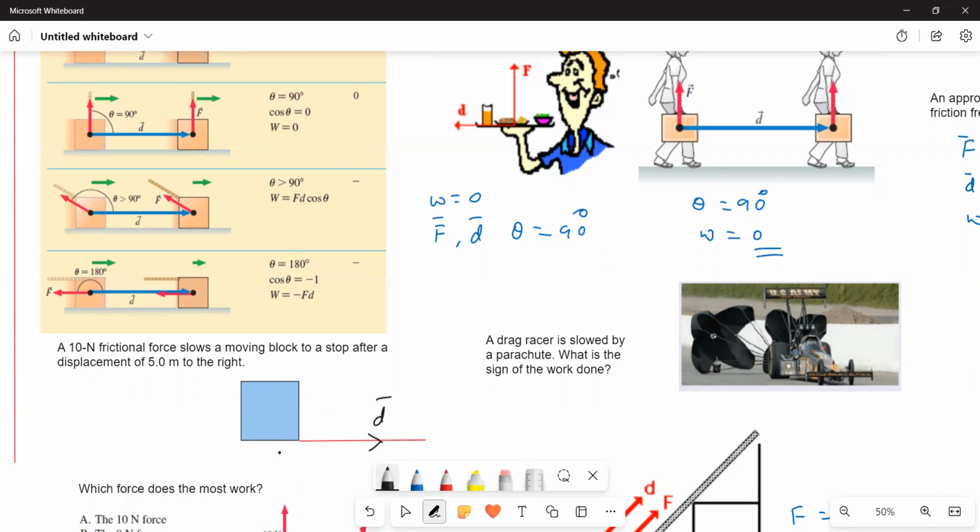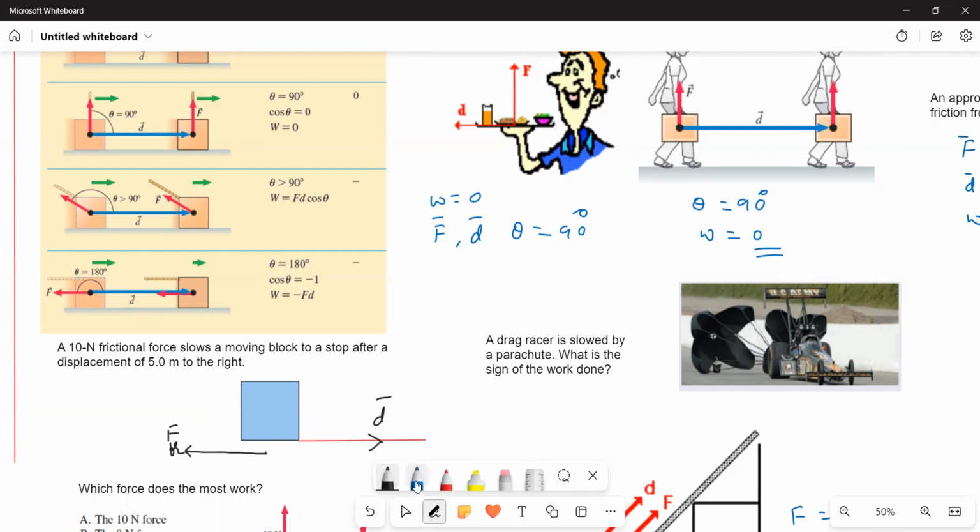Now suppose frictional forces are acting. Because the object is moving in this direction, the friction acts in the opposite direction. Am I right? This is the direction of the friction. Now, what is the work done by the friction? The work done by the friction on the object will be negative.